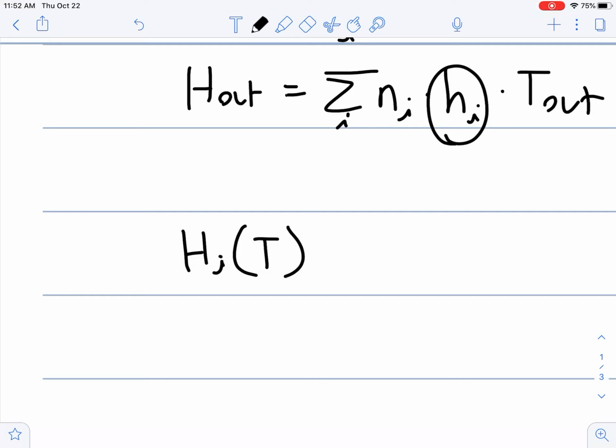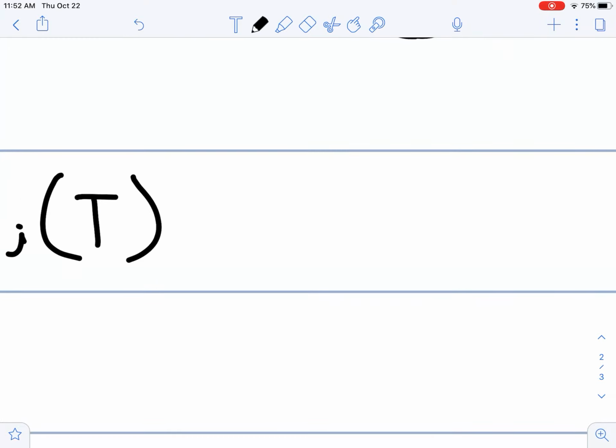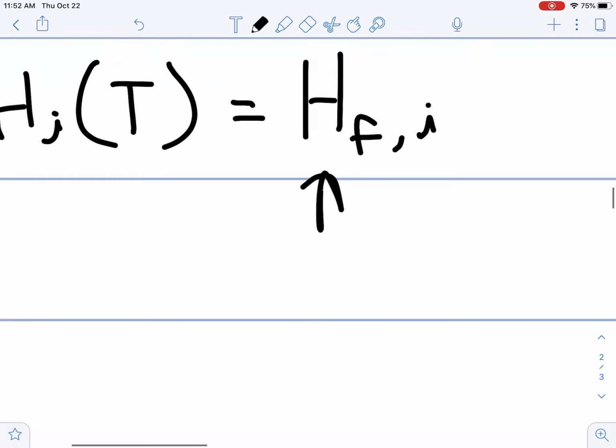And what we're going to assume is this temperature that we are trying to find is going to be higher than that ideal gas temperature, which is 298.15. So this is going to equal the heat of formation, Hf of each I. And this, as I said, was the standard enthalpy of formation of an ideal gas.